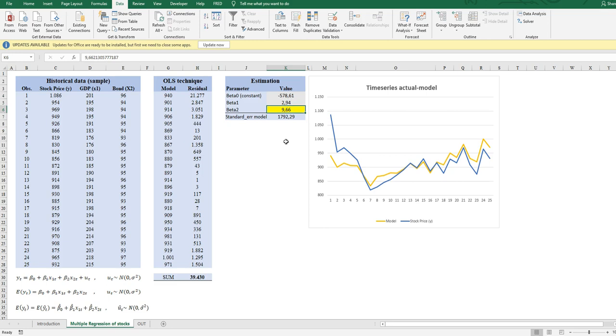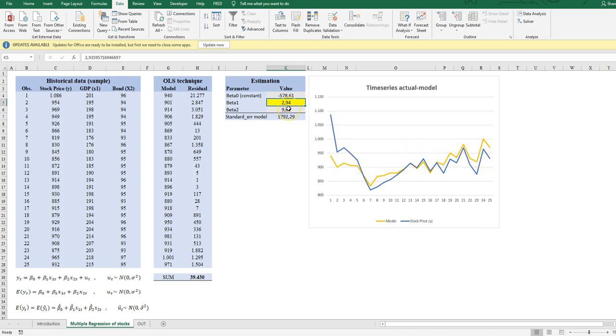So now what I have done so far is to fit the actual prices of the stock with a model, and you see that here. The yellow line is the model, and the blue is the stock price. So if I change this slightly, the model should be lower.